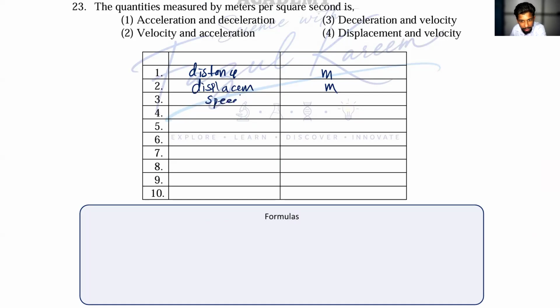Speed, here we will be writing the equation. Here we will be writing the units. Velocity equals meter second minus 1. Acceleration equals meter second minus 2.